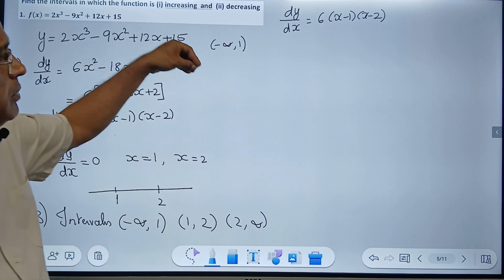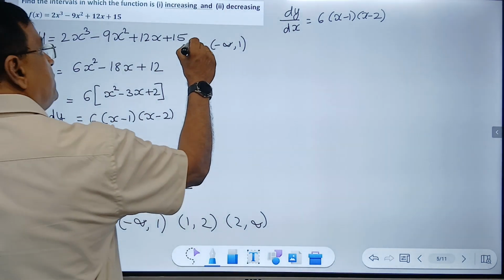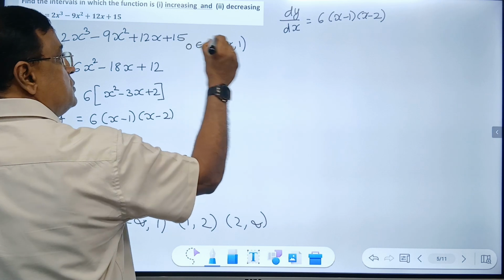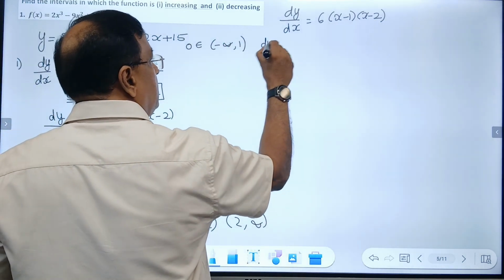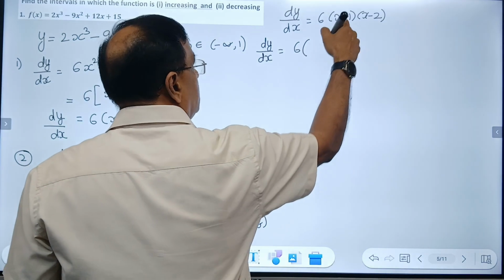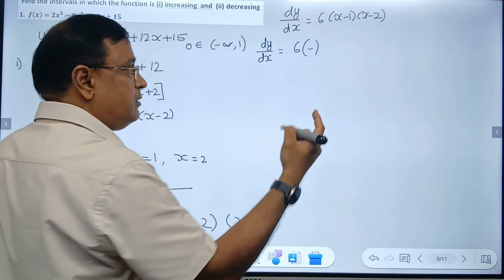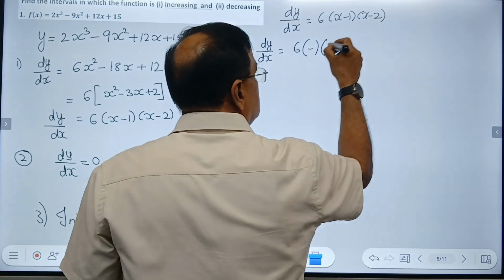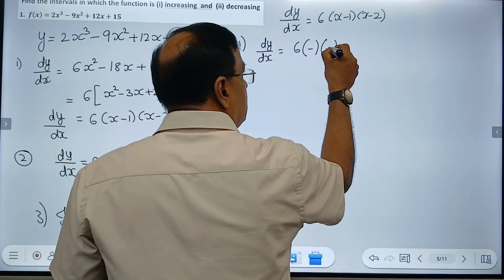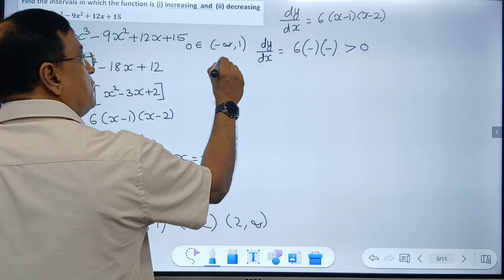Choose any number in between minus infinity and 1, any number. Okay. For me 0, so I'll choose 0. So what do you say? Dy by dx is, wherever x is there, put 0. 6 into, what is 0 minus 1? Negative. No need to calculate, you just say negative. What is 0 minus 2? Negative. What is negative into negative? Is positive.